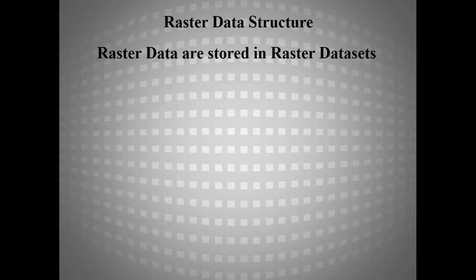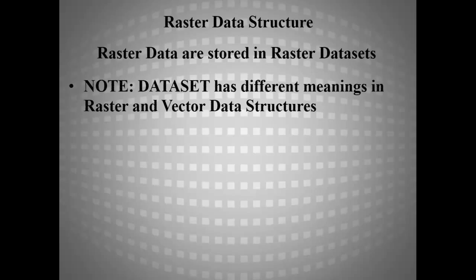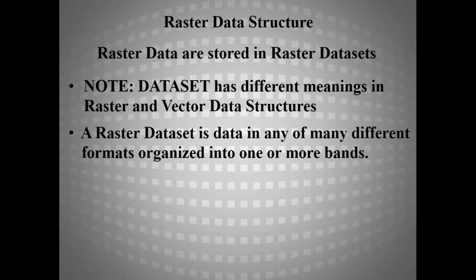How do we store these things? We store them in raster data sets. Everybody remembers from the vector model we had feature classes and feature data sets. In raster we're going to store things in raster data sets. A data set in raster is different than a data set in vector. A raster data set is data in any of many different formats.